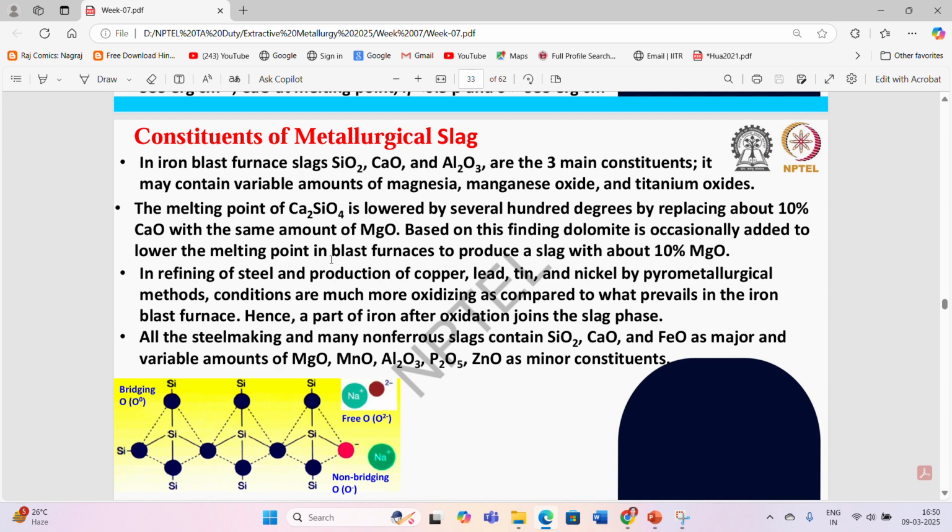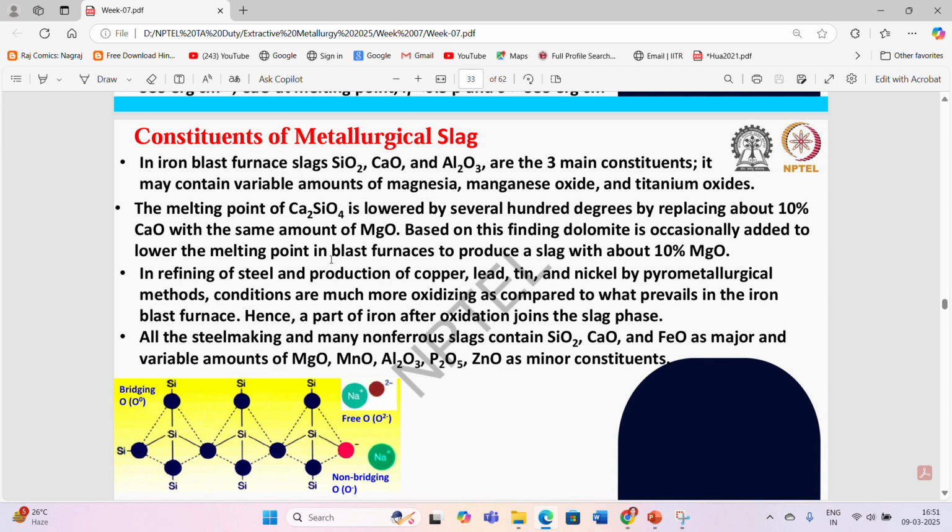While talking about melting point, the melting point of Ca2SiO4 is lowered by several hundred degrees by replacing about 10% CaO with the same amount of MgO. So during the slag formation, the major slag compound which is getting formed is Ca2SiO4, which has a melting point of around 1500 or 1400 degrees Celsius. However, this CaO is coming from the dolomite, or from the calcined lime or limestone, which we are adding as a flux material.